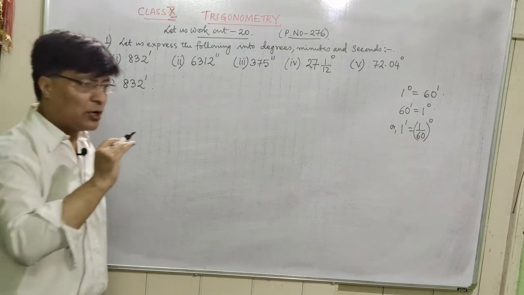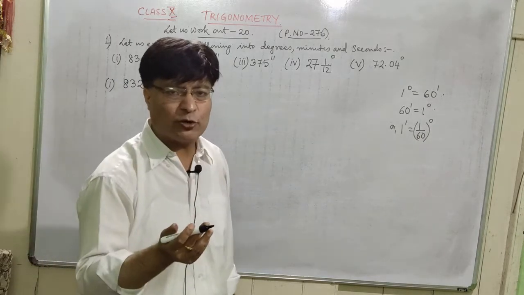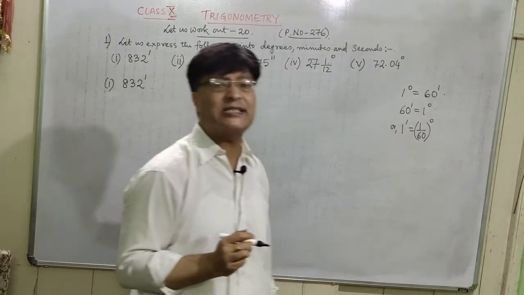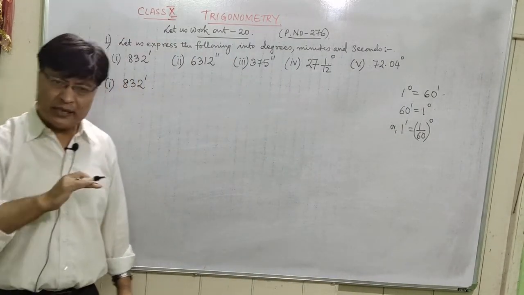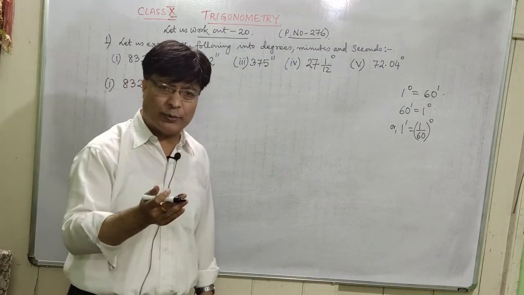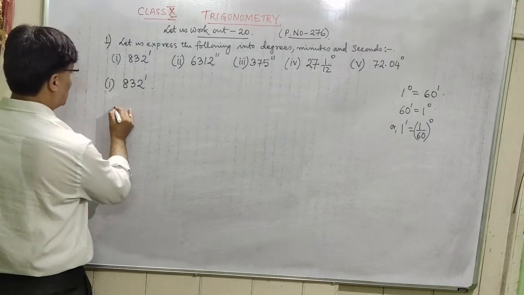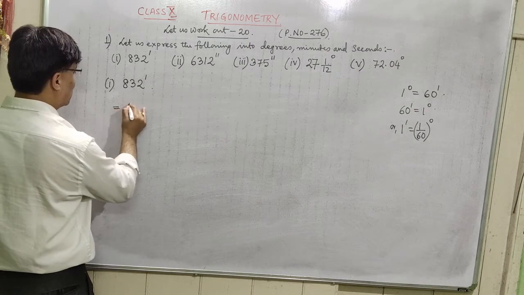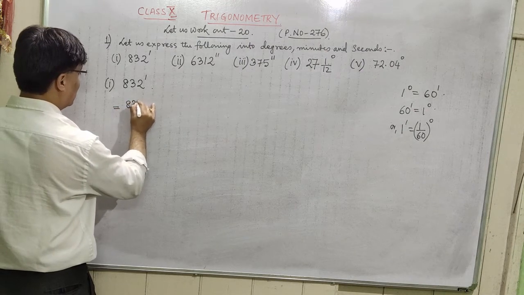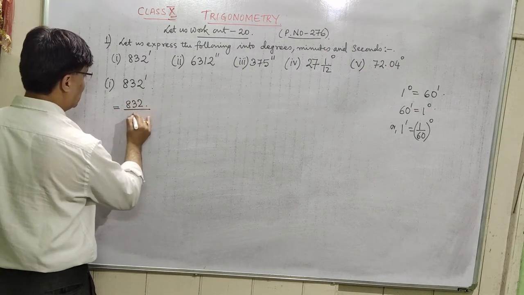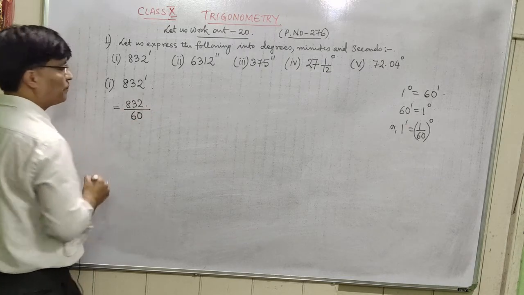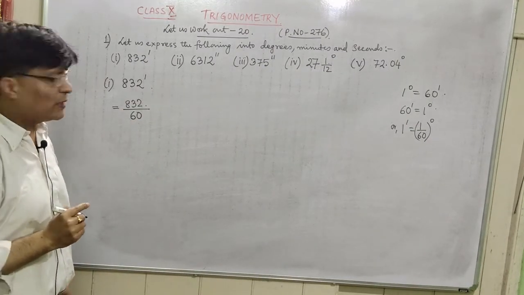Is that clear? To change minutes into degrees, we divide by 60. Okay? So it should be divided by 60. 832 divided by 60.